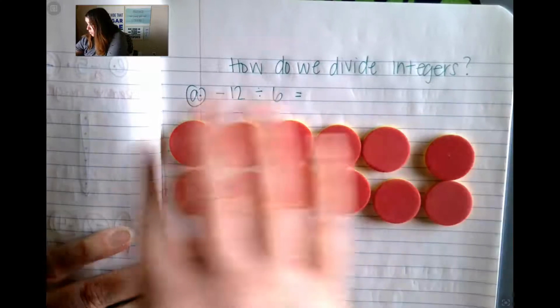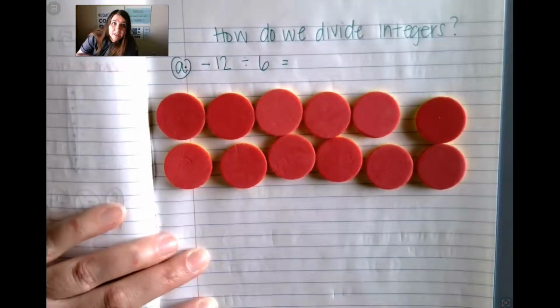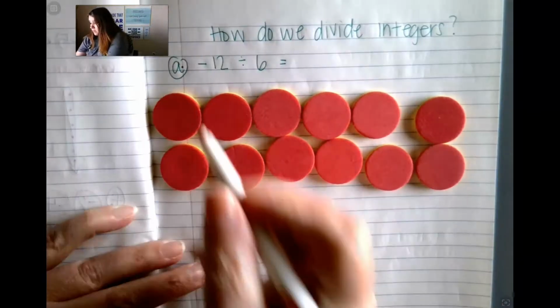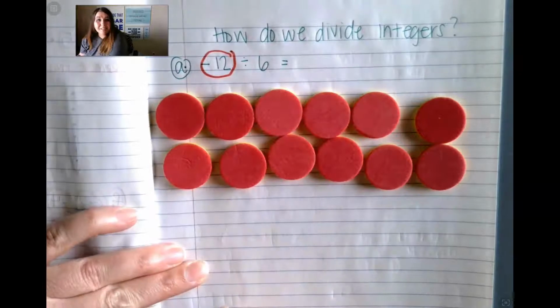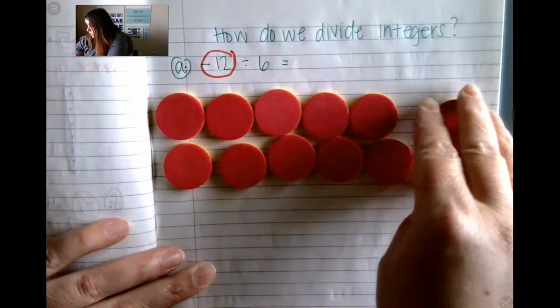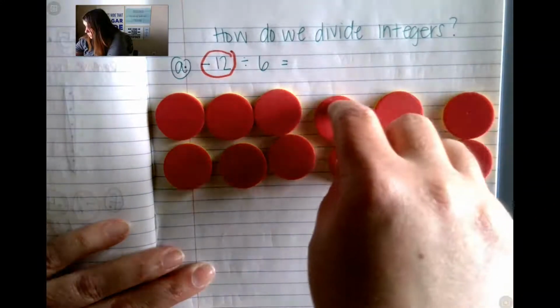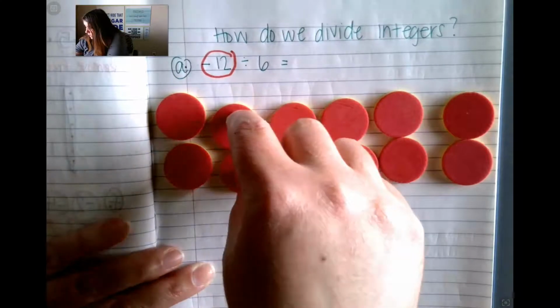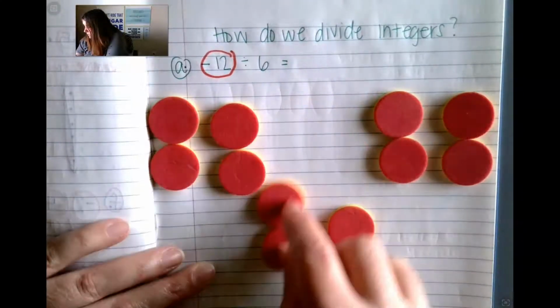I have 12 red chips because they're negative. I started with negative, and I need to divide it into 6 equal groups. Here's a group, here's a group, here's a group, and a group, and a group. When these are all split up, I'm going to move some of these out.